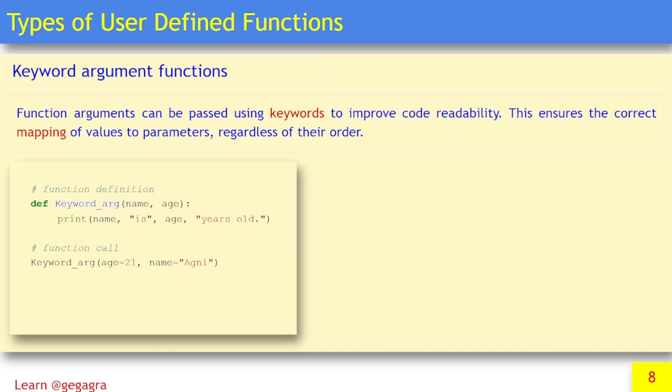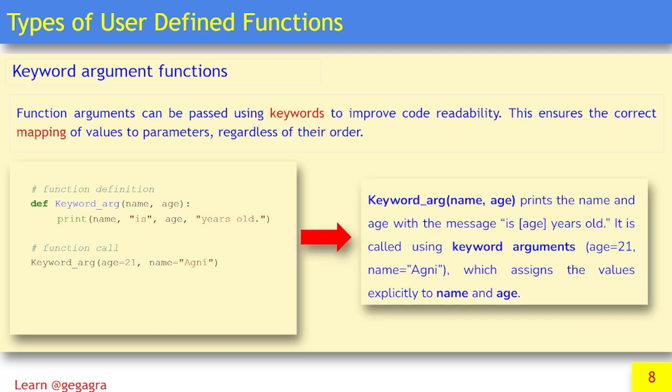So when we run this program, or activate this user-defined function, name will receive its value from the name argument, and age will receive 21 from the age argument, and the output will be like this. It prints the name and age, called using keyword arguments: age is 21 and name Agni, which assigns the values explicitly to name and age.